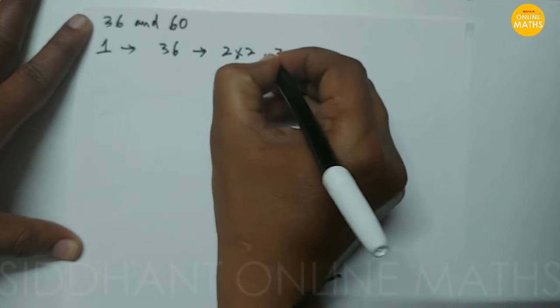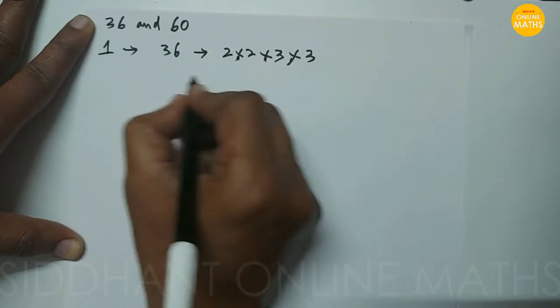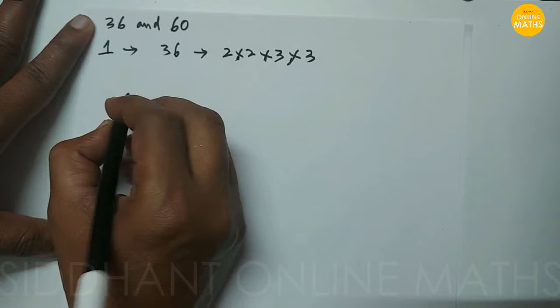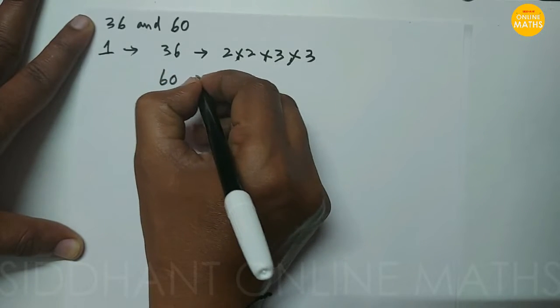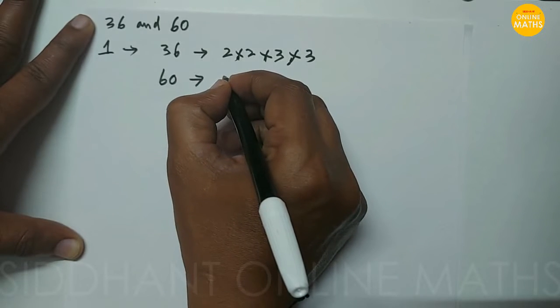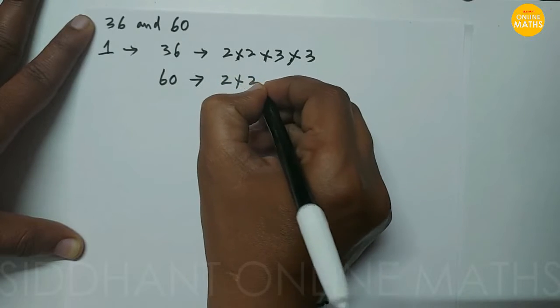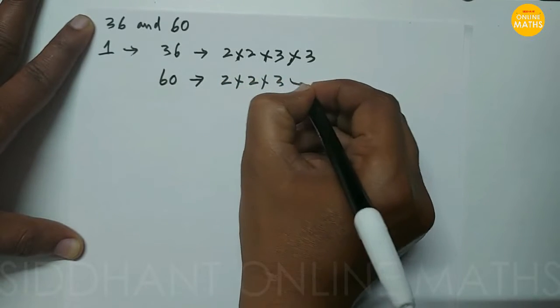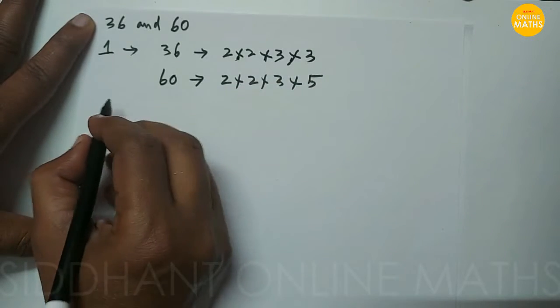When you multiply the prime factors you get the given number. So this is the prime factorization of the given number. After that we take the number 60. The prime factorization of 60 is 2 into 2 into 3 into 5. So this is the first step.